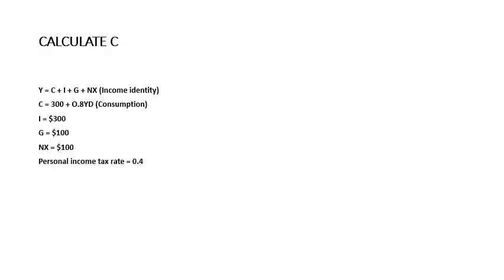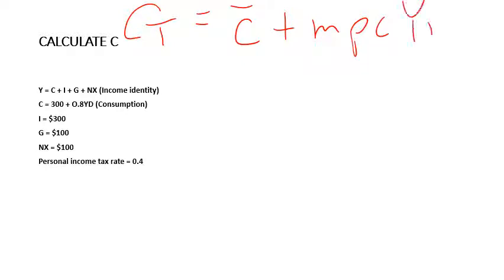Calculate C, or more precisely, calculate the change in C. So once again, the equation for total consumption is equal to autonomous consumption plus MPC times disposable income. All right.